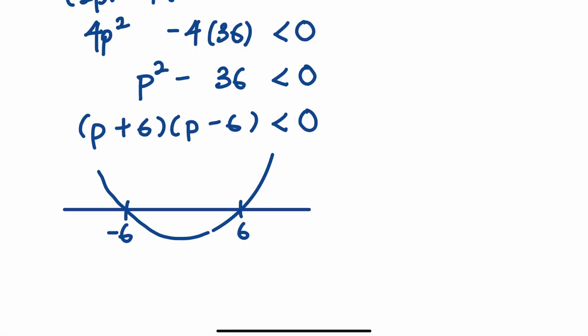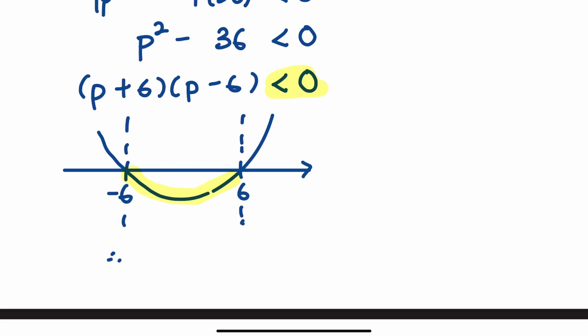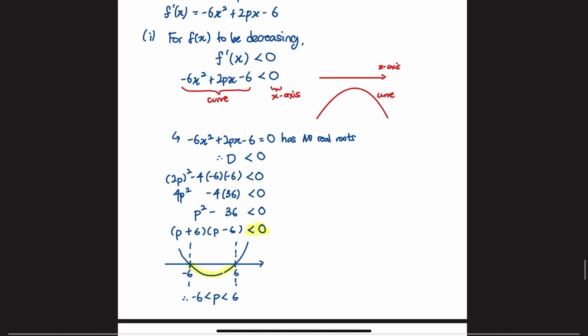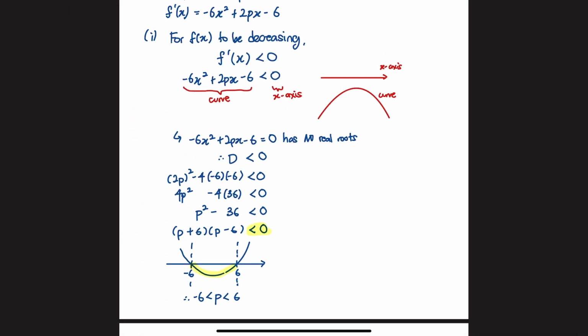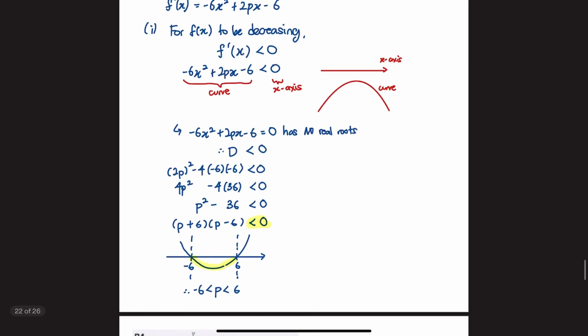Less than 0 means I want the part of the curve that is below your x-axis, which is this part over here. So the final answer is simply p is between negative 6 and 6. And this is the solution to part 1.